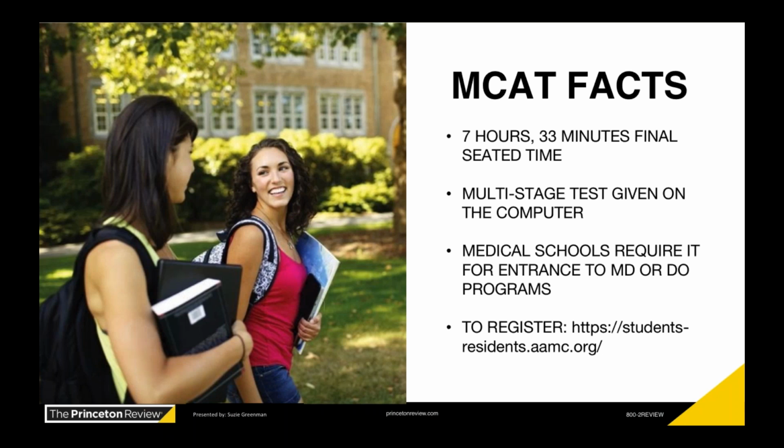The MCAT is 7.5 hours. It is given on a computer. Most of the time it's given in a Prometric test center, which are various testing centers throughout the United States, and they're all very standardized.